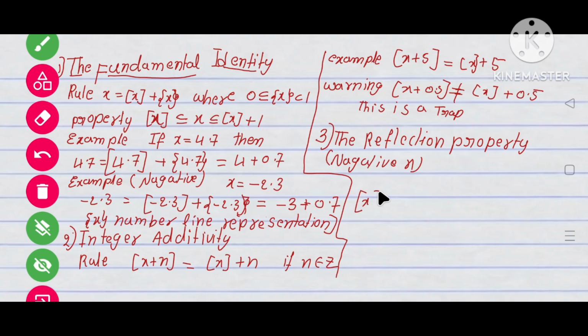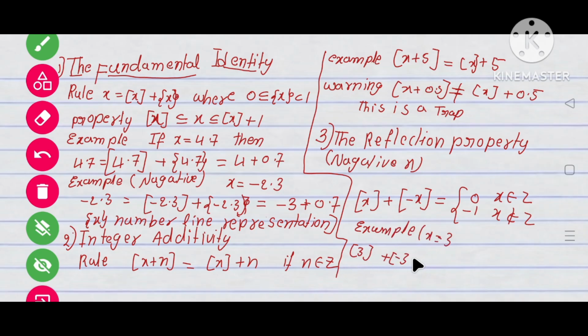Step of x plus step of minus x is equal to 0 if x belongs to Z, and minus 1 if x does not belong to Z. Example, x is equal to 3: step of 3 plus step of minus 3 is equal to 3 minus 3, which is equal to 0. Now x is equal to 3.2: step of 3.2 plus step of minus 3.2. So 3 minus 4, that value, is minus 1.